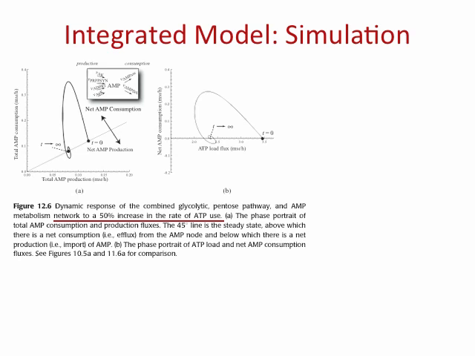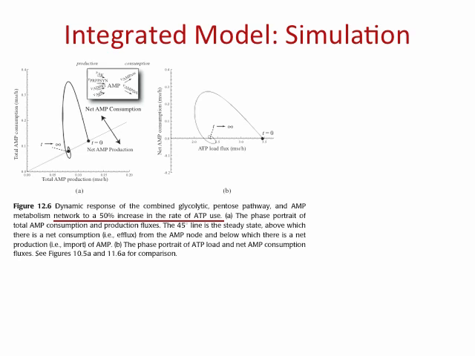As shown in panel A here, the AMP node is now considerably more complicated. Before, we had just an input, a forcing function of a constant input, and then a turnover rate for AMP, a first-order turnover rate. Now, in the integrated model, we see that there are 4 reactions that can generate AMP and 2 that can degrade it.